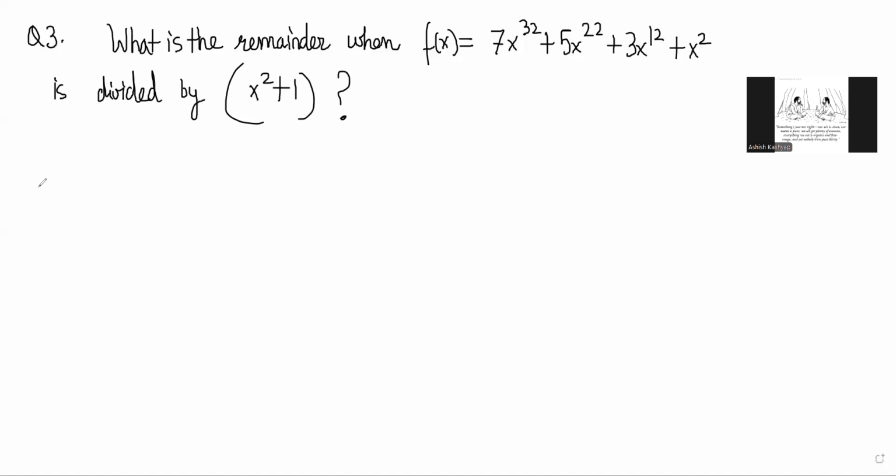Find the remainder when this is divided by x squared plus 1. Obviously, you don't have to actually divide it to get the answer. You can try actually dividing it, but that is not required.